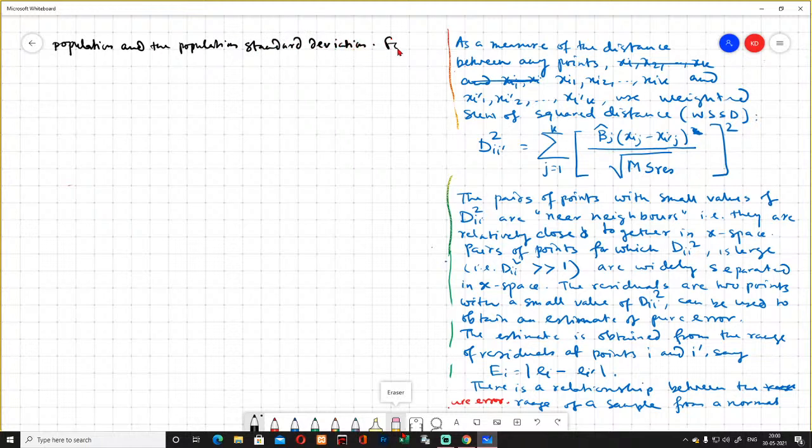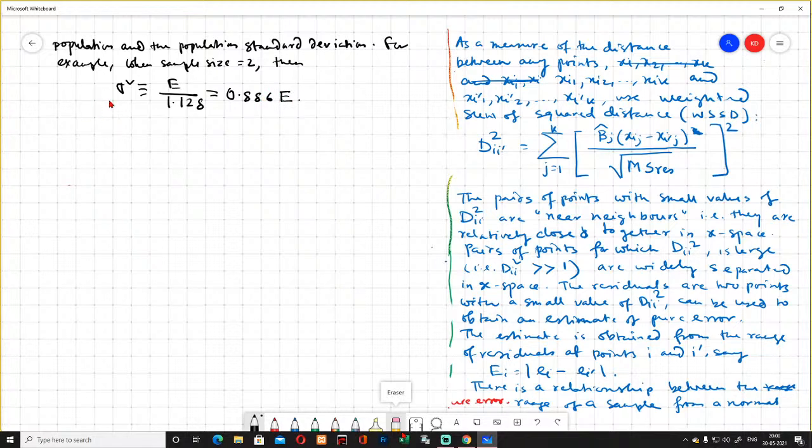For example, when the sample size equals 2, then the relationship is sigma hat equals E by 1.128, which is 0.886 E.